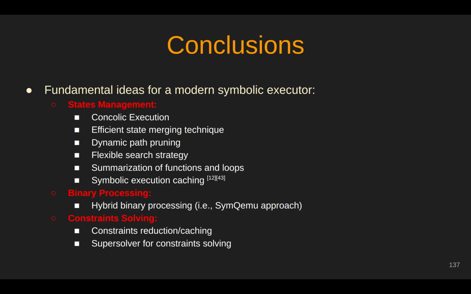Instead of doing VEX IR or any type of IR representation, you can do it inside something like QEMU and then do dynamic binary translation. This is similar to the IR-less approach, but I think here it's binary. It's hybrid, so they do both. I don't know.